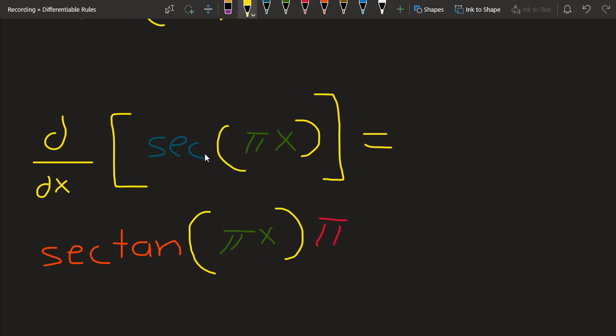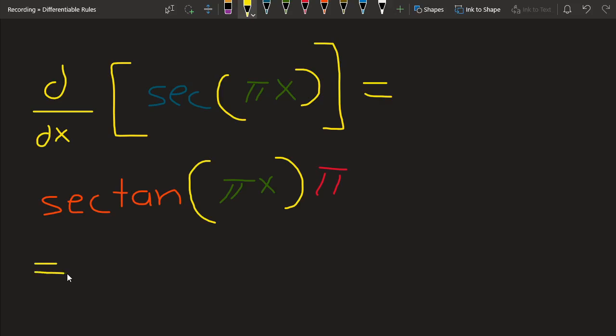So again, we can rewrite this as pi times secant of, and since these two are multiplied to pi x, it would be secant pi x right here.